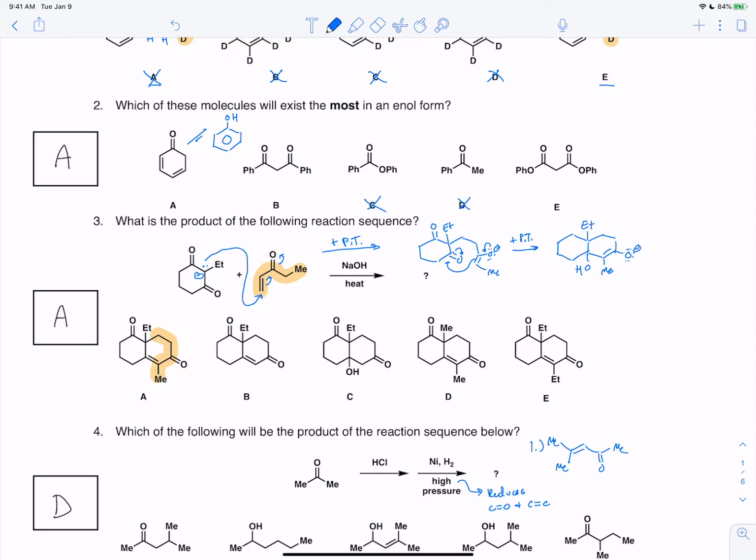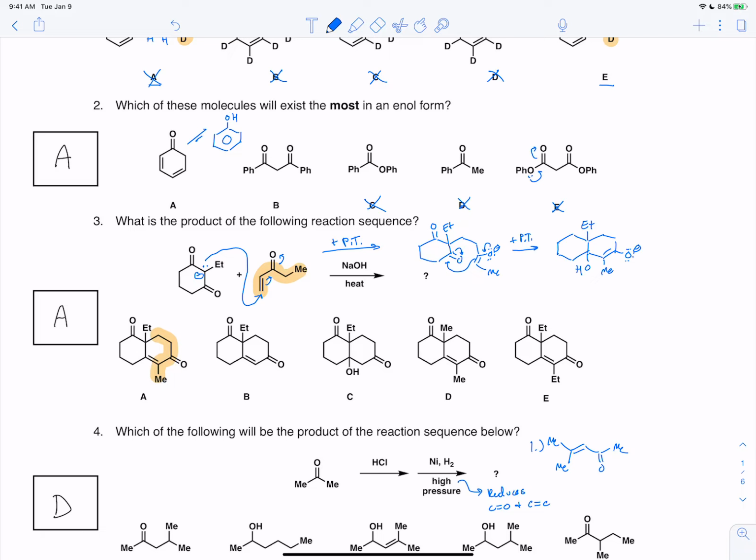Esters have less enol character than a 1,3-diketone does because of the resonance interaction that they will lose along the way. So we can get rid of E. And then it comes down to A and B. At first you might be thinking, oh, B will be the one with the most enol form, but really we never talked about A. If you draw out the enol form of A, it goes to an aromatic benzene ring phenol.